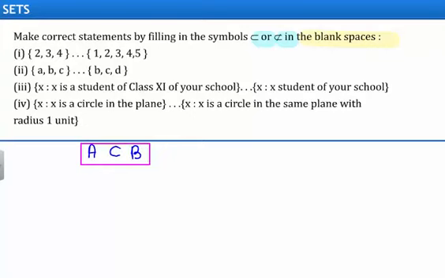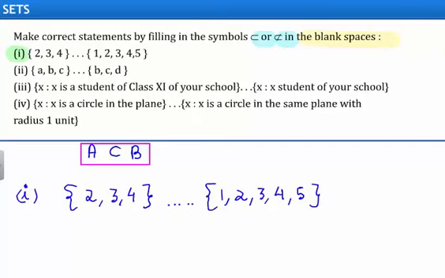So let us first consider the first pair of sets given to us. In the first part of the question, the first set contains the elements 2, 3 and 4, and the second set contains the elements 1, 2, 3, 4 and 5.